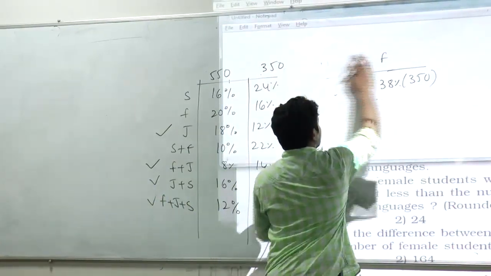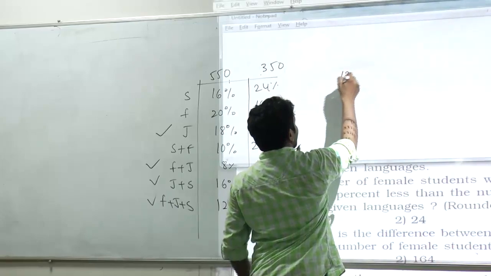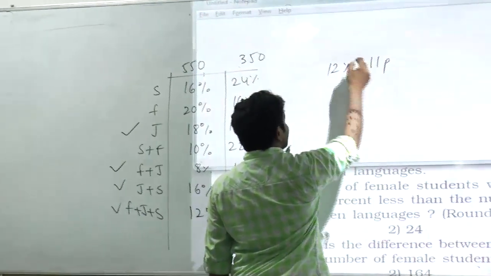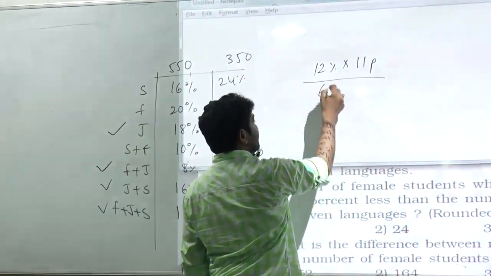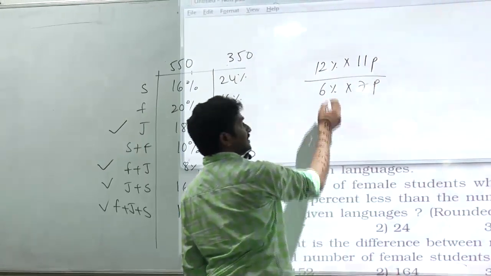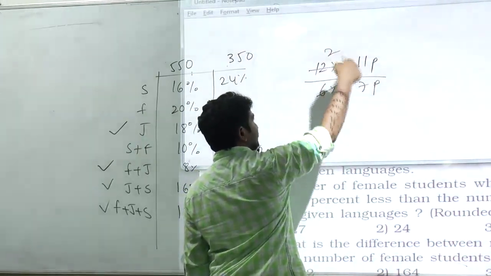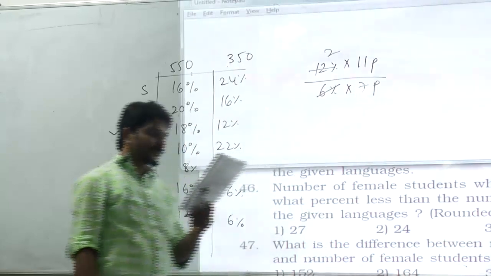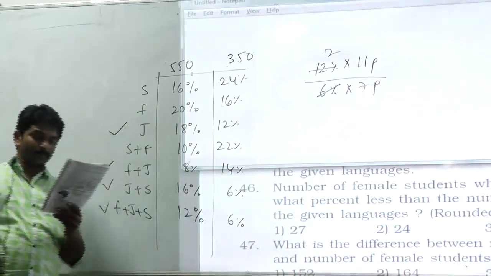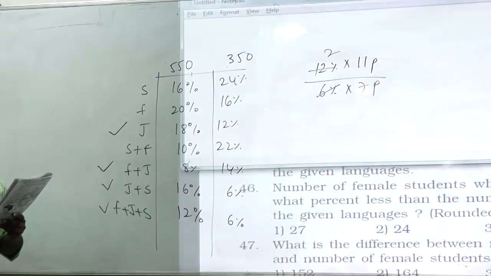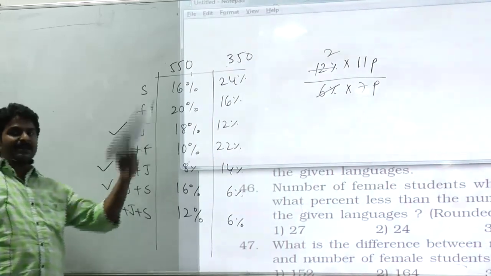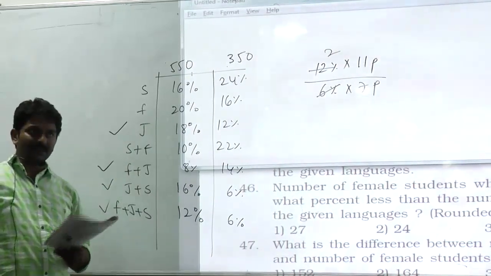So that is 12% of 11 parts, 6% of 7 parts, 2 times 22 by 7. Is it female to male? Okay, in that case 7 by 22. 7 is to 22.